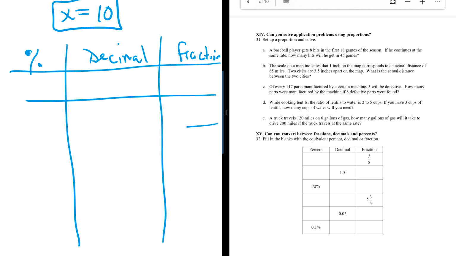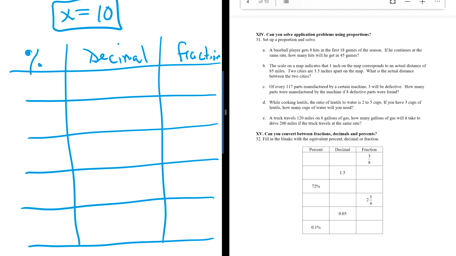All right, what else can we do here? Let me just fill this in. I don't know. Try it. So here I've got 3/8. I got 1.5 in the decimal column. This is 72%. This one here is 2 3/4.